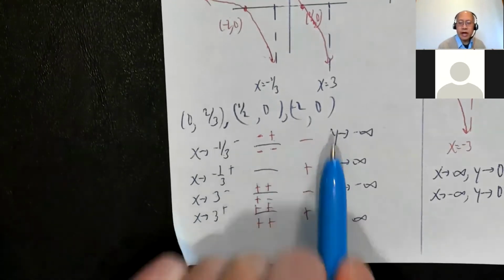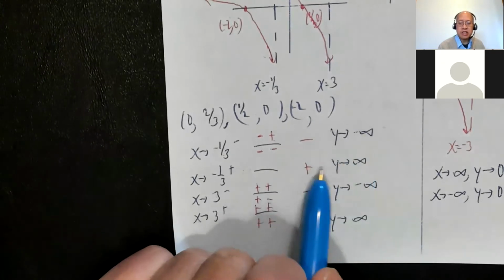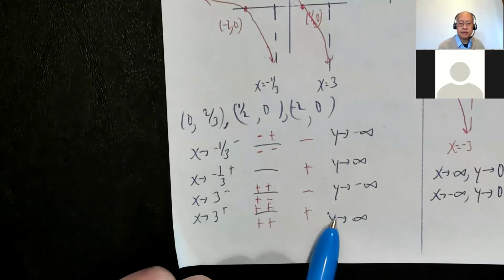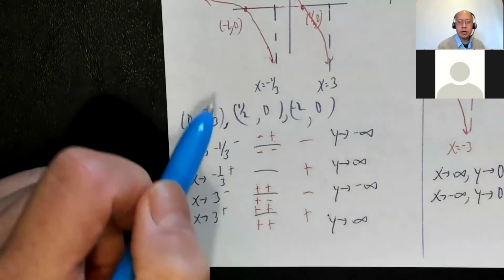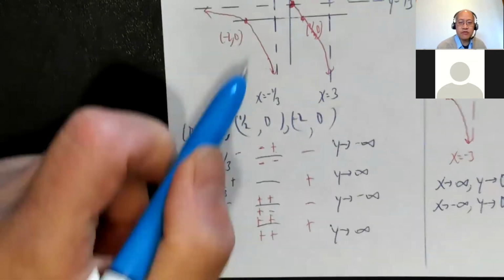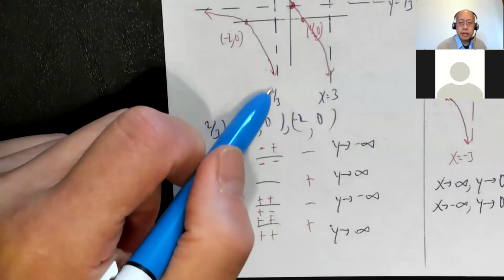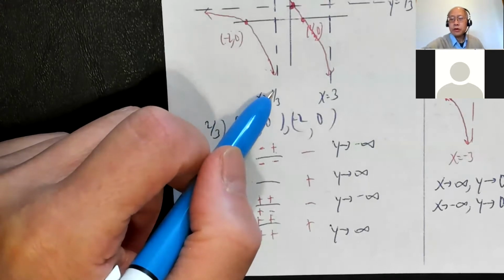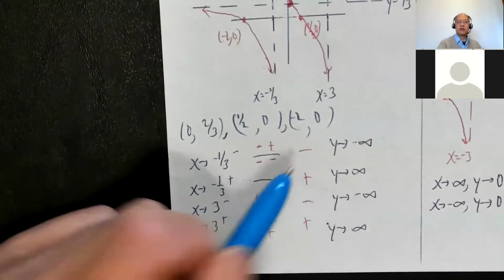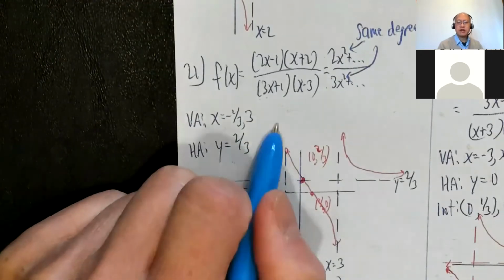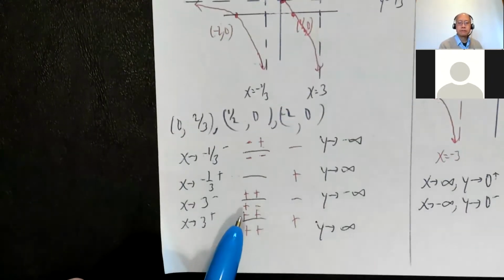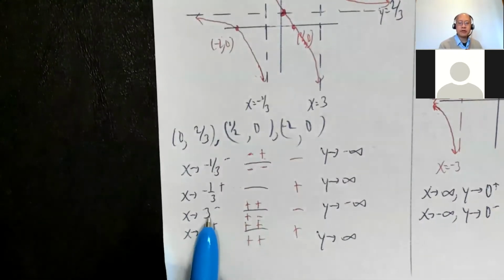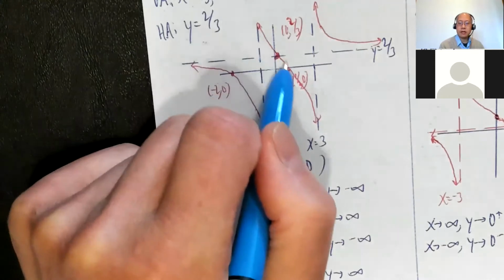Negative means y approaches negative infinity. Positive means y approaches positive infinity. So here we go. To the left of negative 1/3, shoot down to negative infinity. To the right of negative 1/3, positive infinity. And then the analysis of 3: a little bit to the left of 3, negative infinity.